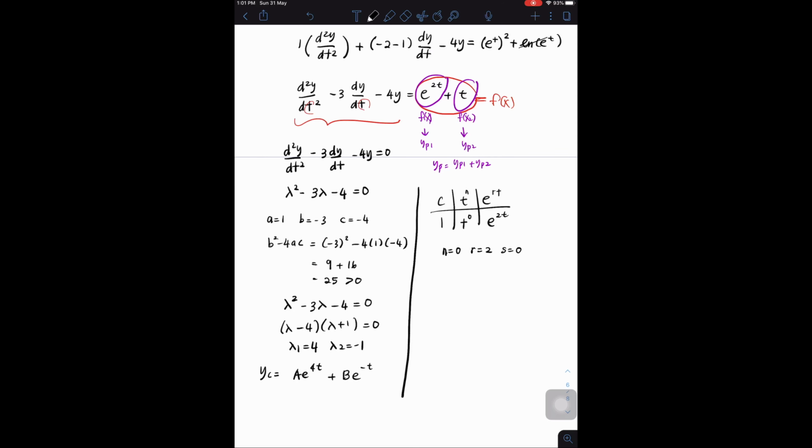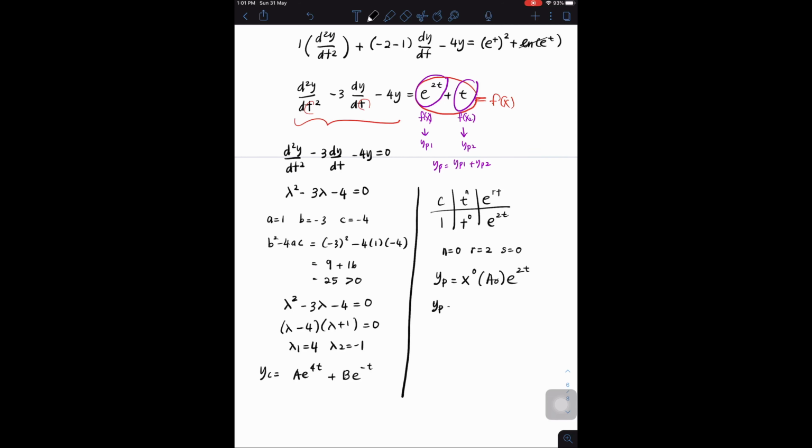Okay, so now you can generate your yp. Your yp will be x to the power of s, and your s is 0. Your n is 0, so you have a naught inside here times e to the t.